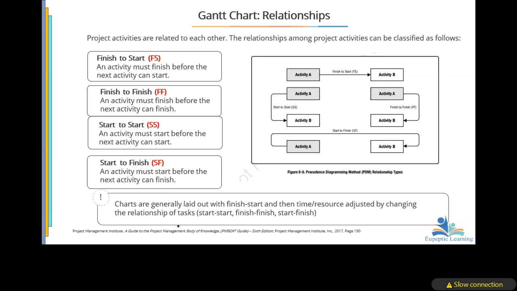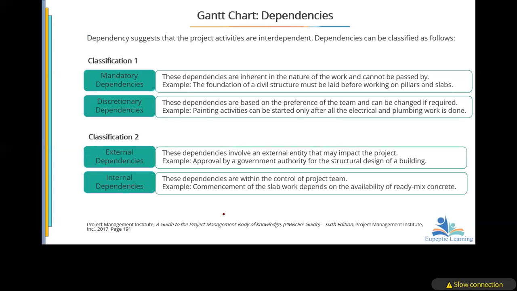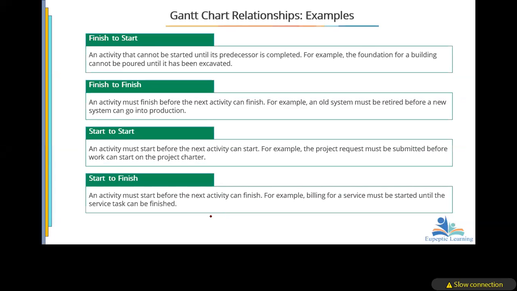Now, we are saying that charts are generally laid out with a finish to start, and then the time resources are adjusted by changing the relationship of tasks, either start to start or finish to finish or start to finish. Do you get it here? Yeah, I get it. Usually the start to finish is rarely used.